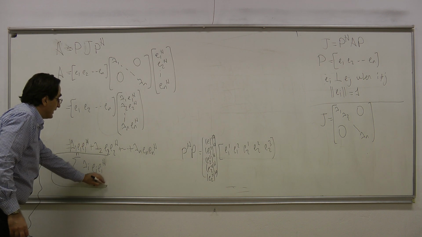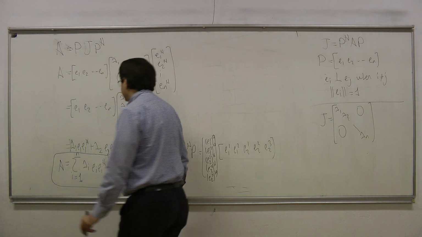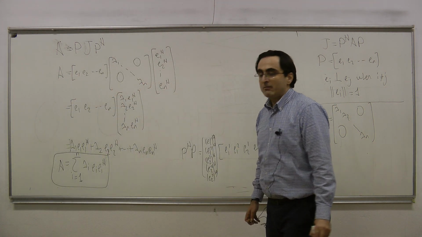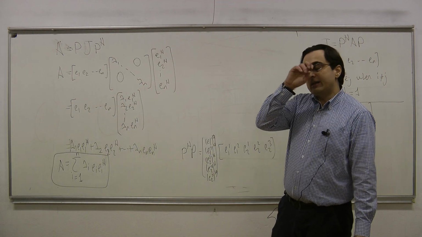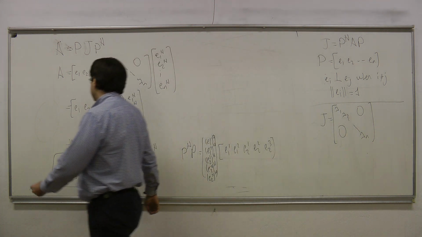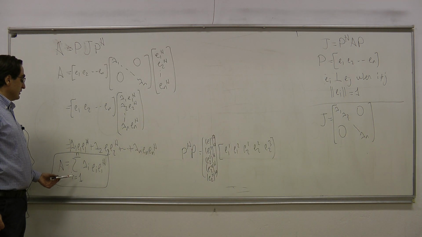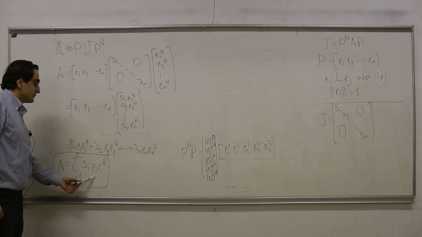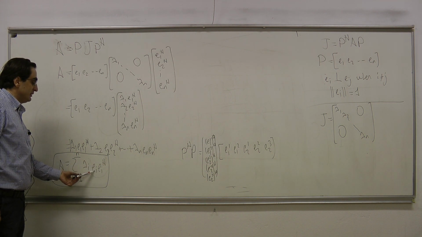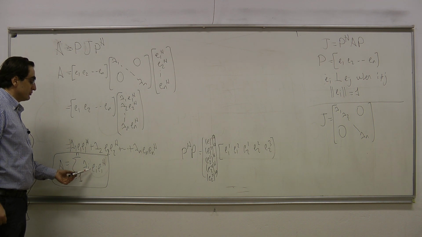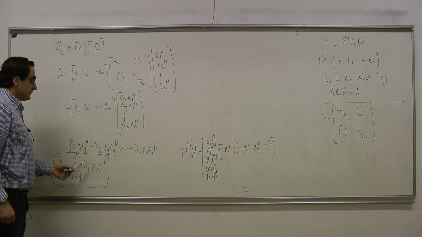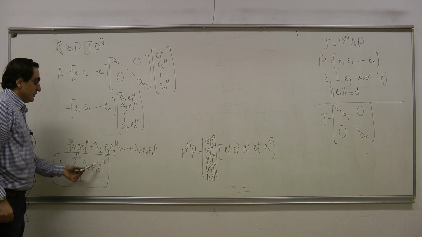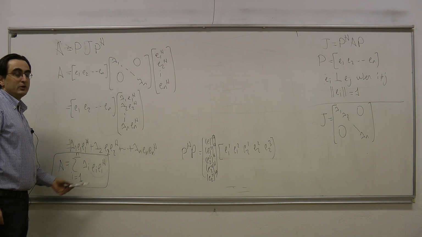So this theorem tells us that when we have a Hermitian matrix, that Hermitian matrix can always be written as the summation of eigenvalues times some rank 1 matrices, E1 E1 Hermitian, E2 E2 Hermitian, eigenvectors times eigenvectors Hermitian.